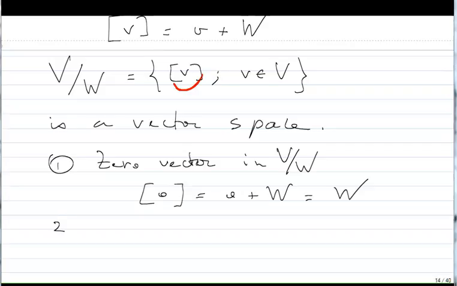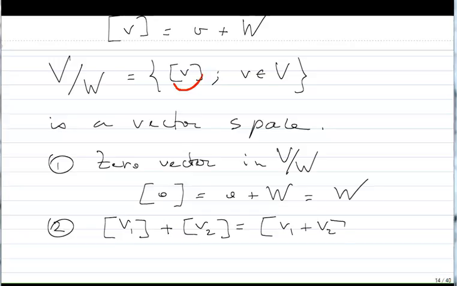Two, the addition. If you take two vectors and you want to define the addition of their classes, it is the class of v1 plus v2. Again, we are using that W is a subspace.